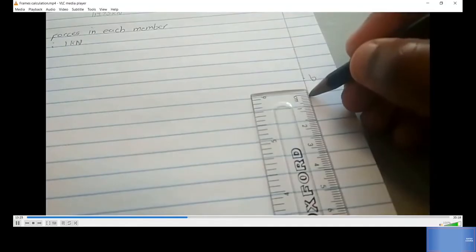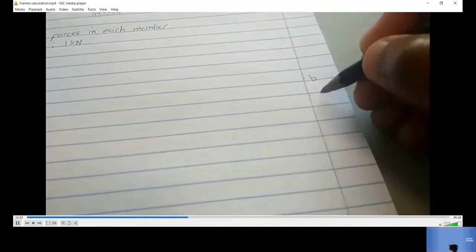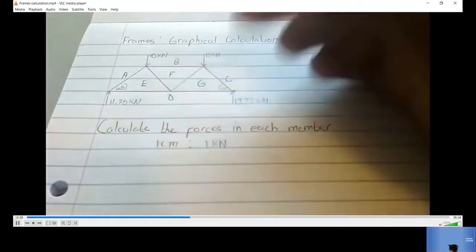So from C, we need to measure 13.75. 5, 6, 7.5 is somewhere there, and it must take us back to 0 up there. So we're going to do this just to measure it up nicely. So right there, we call that one D. And then from D to A, we move up 11.25 kilonewtons.